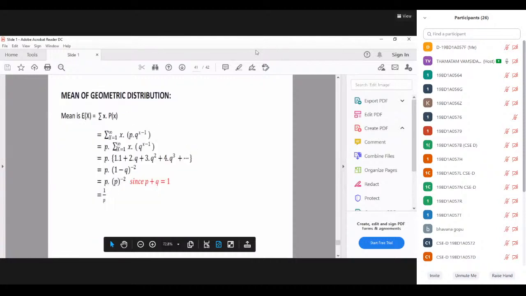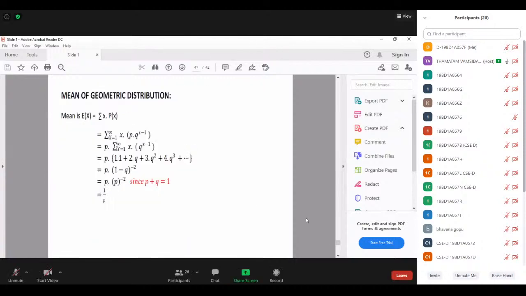We'll discuss how to find the mean of geometric distribution. In general, we know that the mean is the expectation of x. Here geometric distribution is in case of discrete random variable. If x is a discrete random variable, expectation of x equals summation x into p of x. We know that formula in discrete case and continuous case, how to write expectation of x and expectation of x square.